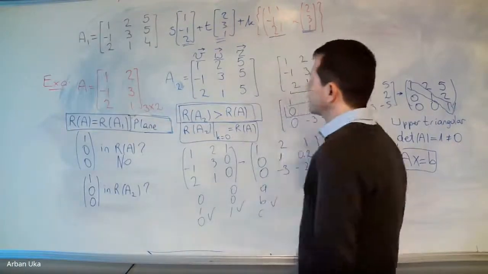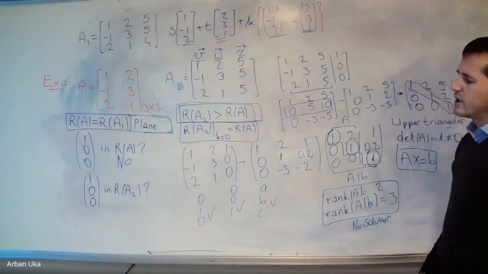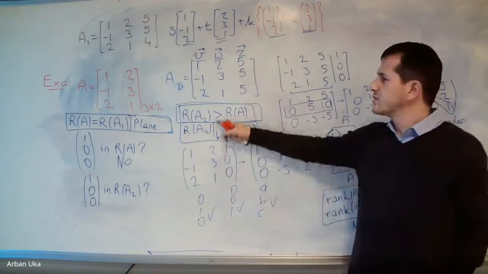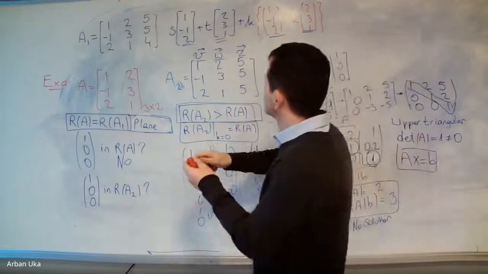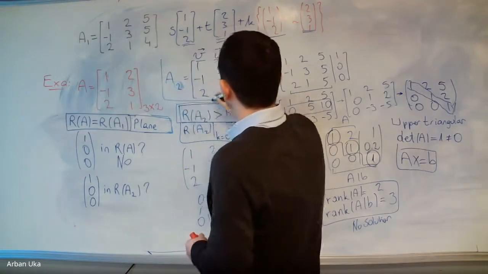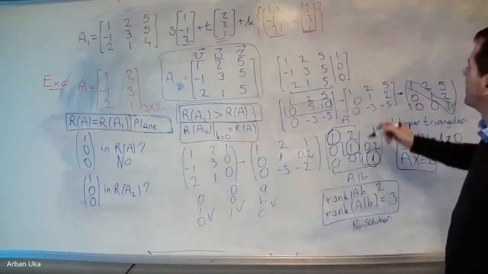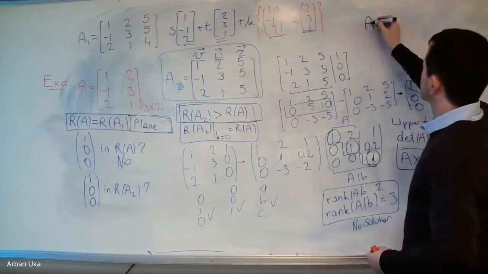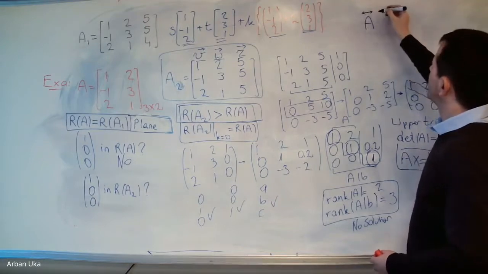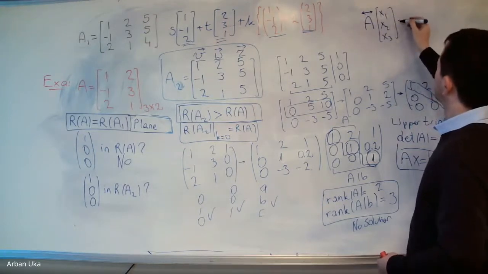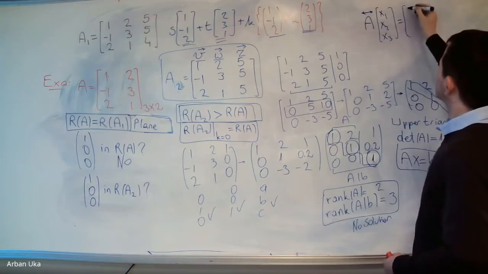So let me try to clarify this way. When we're asking the question whether a specific vector is in the range of, let's say, matrix A2, let's consider this matrix here. What does this mean? This means the following. Can we find a vector x such that when we multiply this with the vector x1, x2, and x3, we get 1, 0, 0?